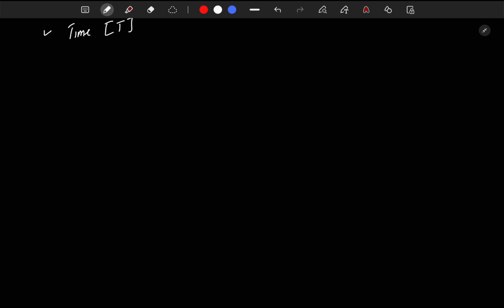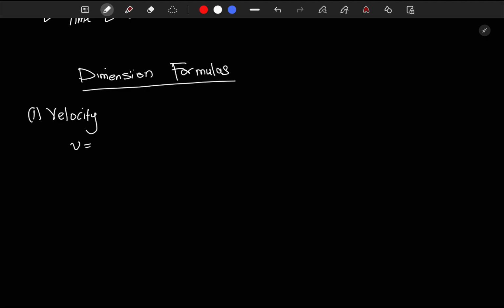All right, so let's look at some dimension formulas. For example, velocity. We know that velocity v is equal to distance divided by time.